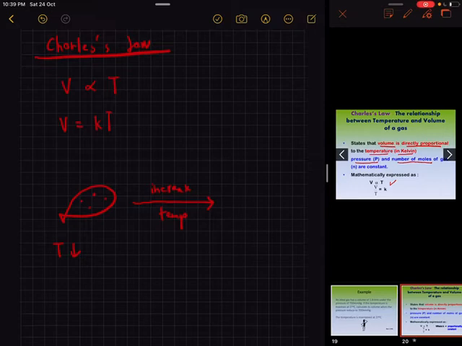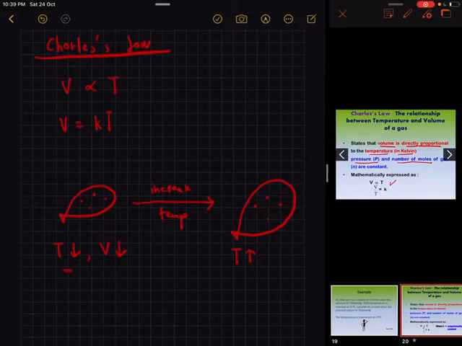Yes, the balloon will expand. Okay, the balloon akan expand. So at high temperature, balloon will expand. At lower temperature, balloon will get smaller. Okay, so daripada sini you boleh nampak at lower temperature, size of the balloon will decrease. Okay, so volume of the gas will decrease as well.